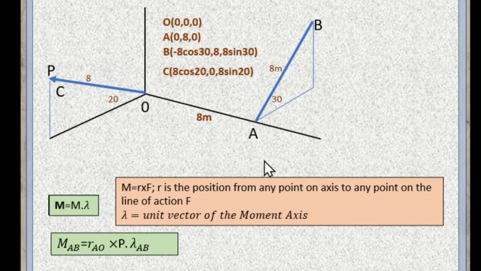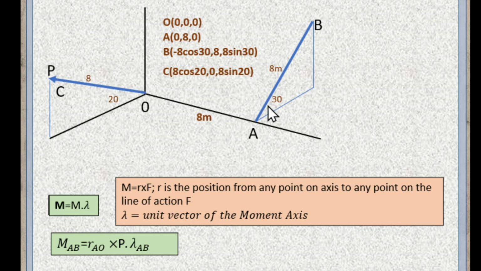But the best thing that you can do is to analyze our given coordinates. If I choose AC, it will give us 3 coordinates. If I choose AO, it will only give us 1 coordinate. If I choose BO, it will also give us 3 coordinates. If I choose BC, it will also give us 3 coordinates.